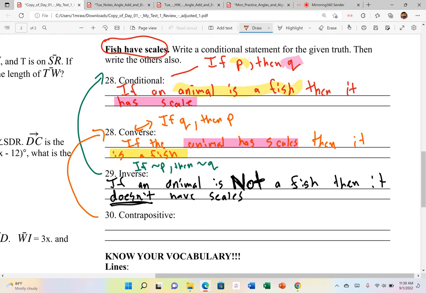The contrapositive has to switch and negate. Well, since the converse is already switched, all I need to do is the negation of the converse, right? So, in other words, that one's going to say if not Q, then not P.